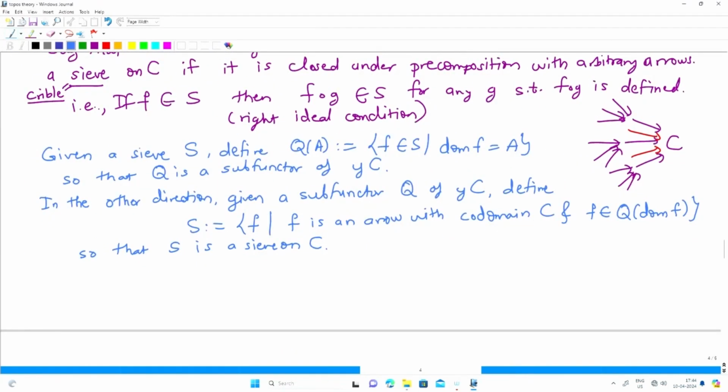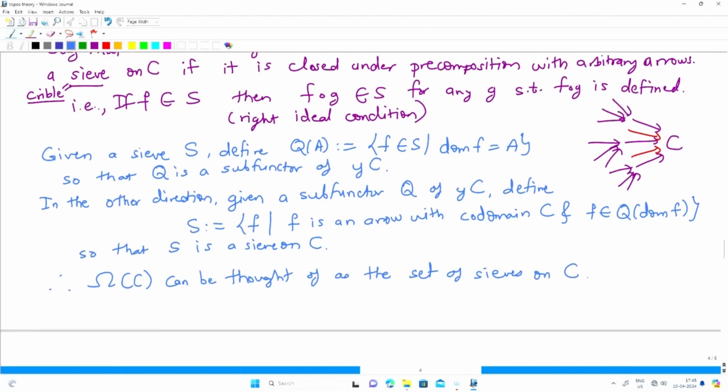Therefore, omega C can be thought of as the set of sieves on C. This is definitely going to be a set, do you agree?